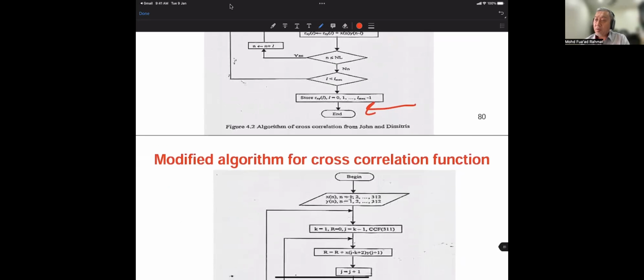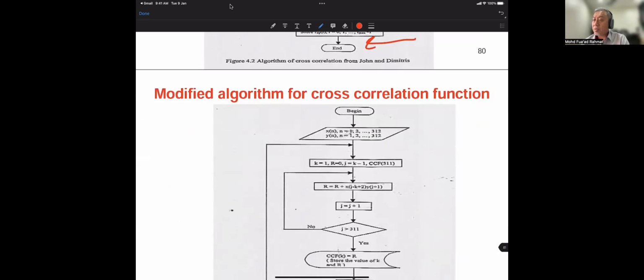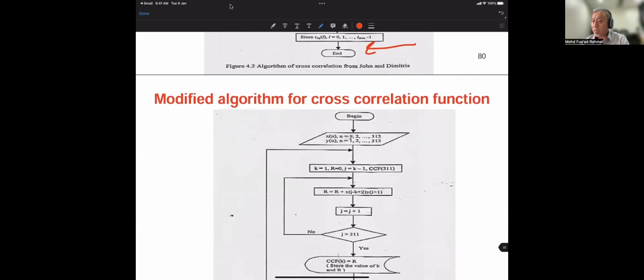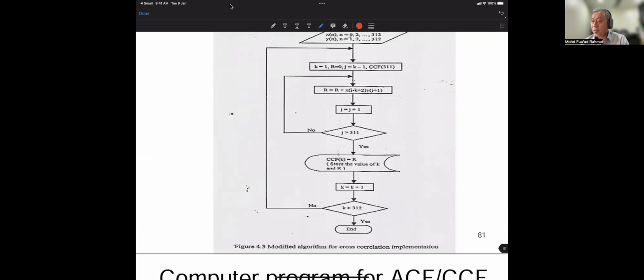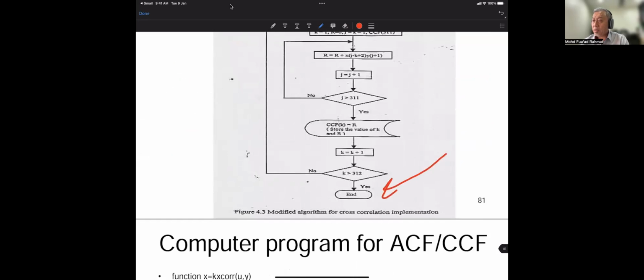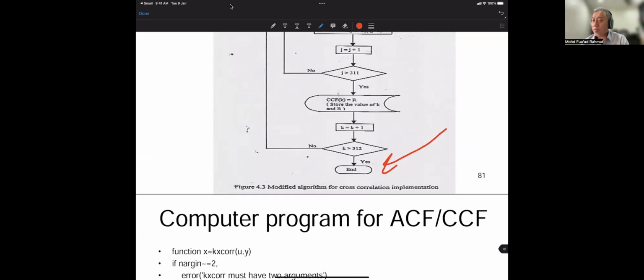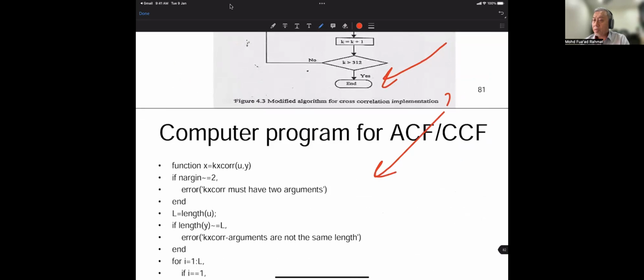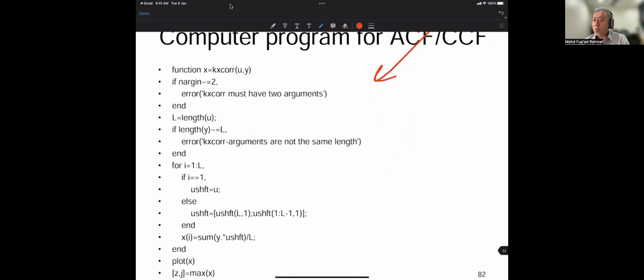Or we modify it for faster calculations, as shown here, where some of the functions are ignored and replaced by others. This modified method is much better, and I used this one for the programming that I showed in the listing just now.